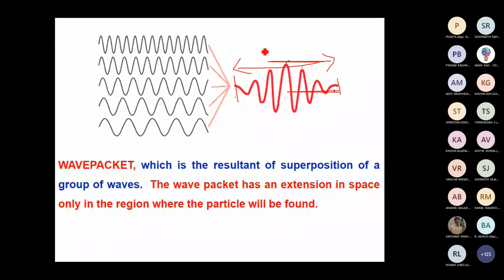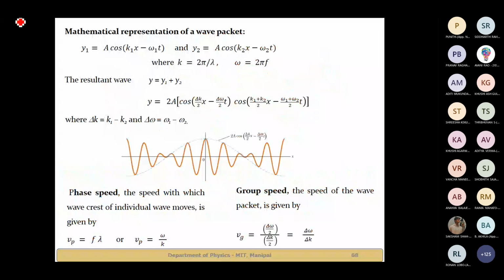The mathematical representation of a wave packet can be written if we take two equations; for simplicity, we are just taking two waves. y1 is equal to a cos(k1x minus omega1 t), and y2 is equal to a cos(k2x minus omega2 t).